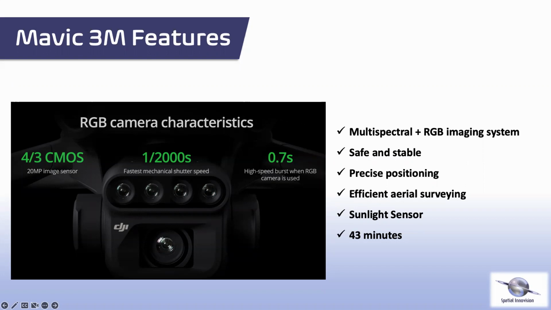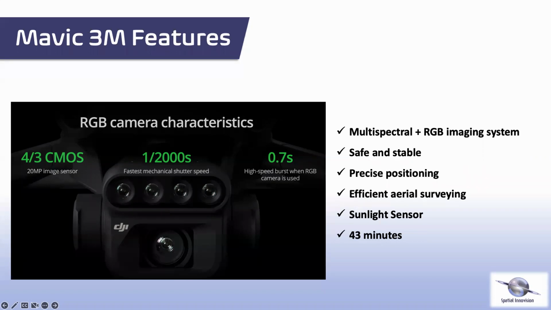Efficient aerial surveying. A single flight can complete mapping operations over an area of 200 hectares. Sunlight sensor. The built-in sunlight sensor captures solar irradiance and records it in an image file, allowing for light compensation of image data during 2D reconstruction.